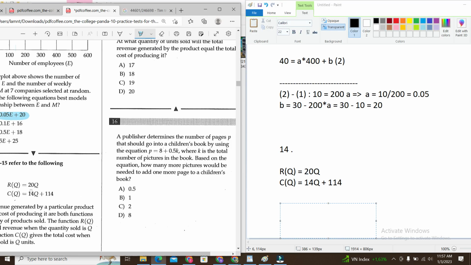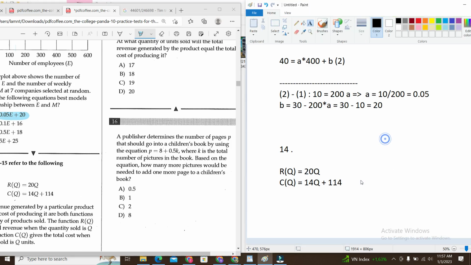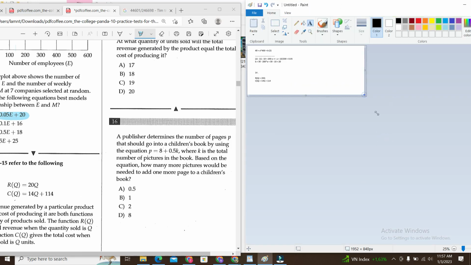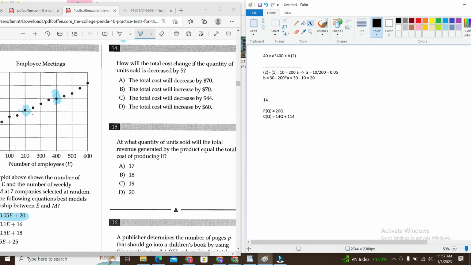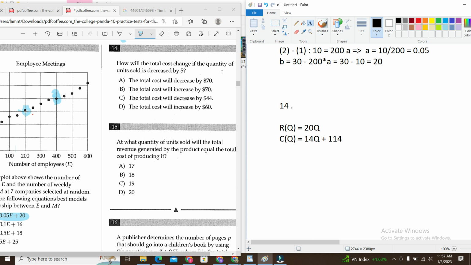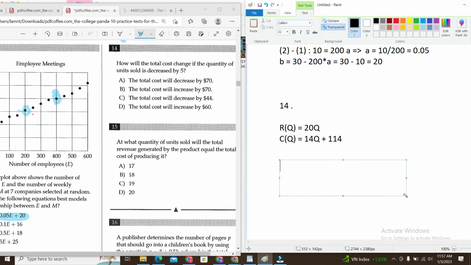R is the revenue, so C is the cost. So they asked about the total cost when the units sold are decreased by 5. So actually they asked about C of Q minus 5.